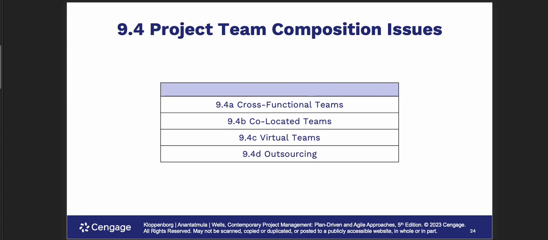Virtual teams, there's advantages there too because you can get talent from anywhere in the world, but there's trade-offs. And then, of course, outsourcing, where you lose a little control, but you might be able to even tap into greater abilities. And remember, if you can turn a fixed cost or somebody that works for you full-time into a variable, like outsourcing, that can look good from a financial consideration.